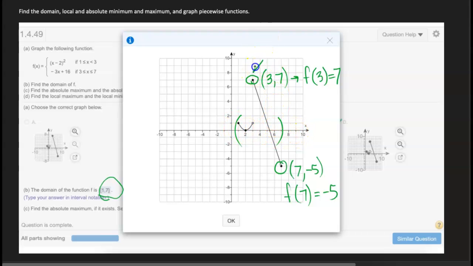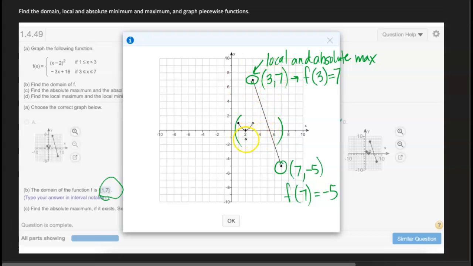And again, the local max is the same thing as the absolute max. So we're going to label this point as both the local and absolute max. So again, you would list this equation, f(3) = 7, for the local max.